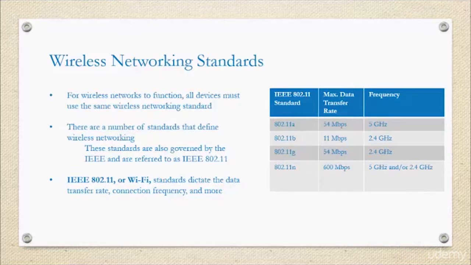If A and B were parents, they would pass along those traits to G. Of course, that same type of analogy doesn't necessarily work for N down here. But N just gets faster with 600 megabits per second. And then, of course, it uses both frequencies, 5 and 2.4 megahertz. So hopefully that analogy helped you to remember the difference between those standards.